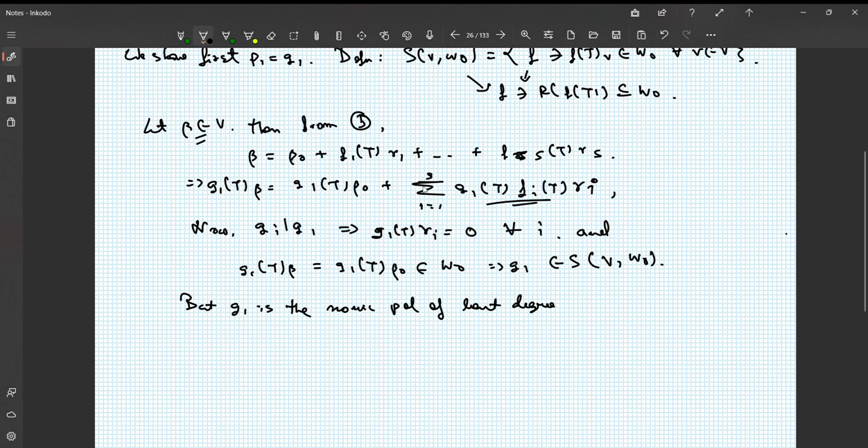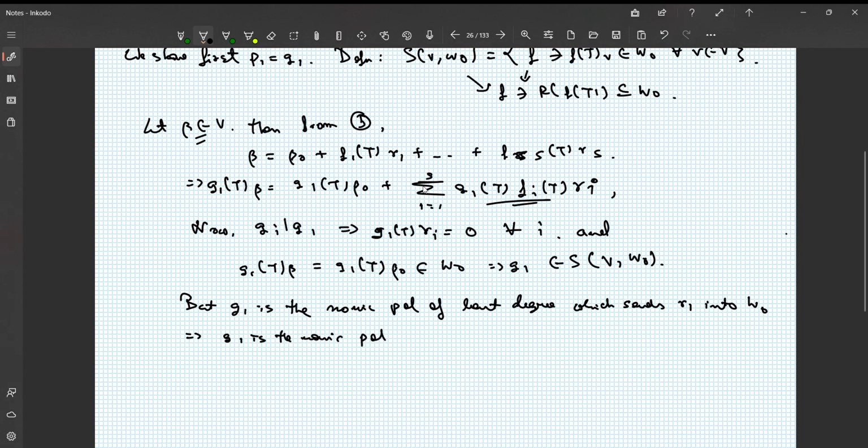That means g1 is the least degree monic polynomial such that g1(T) of gamma 1 is equal to 0. 0 is obviously inside W naught. So g1 is the least degree monic polynomial such that g1 sends gamma 1 to 0, which is an element of W naught. So g1 is the monic polynomial of least degree which sends gamma 1 into W naught.